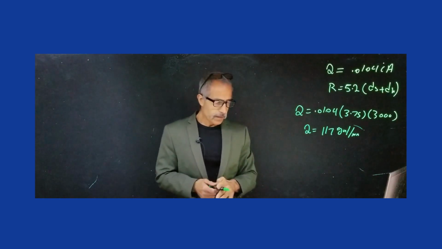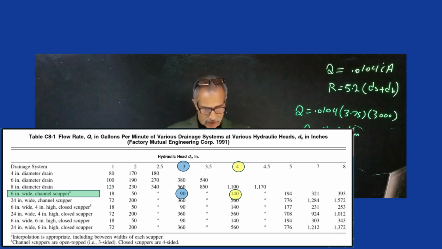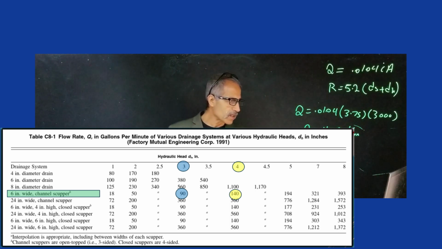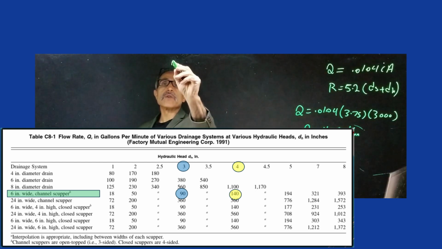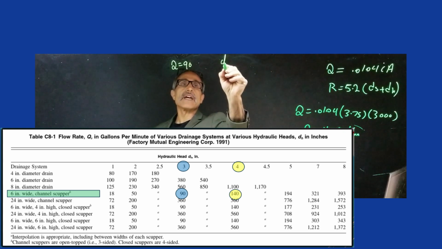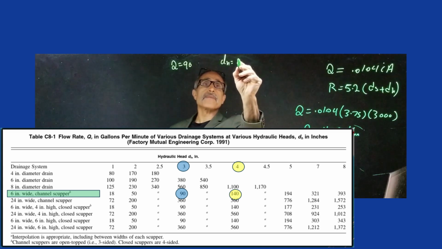Now look at the table. Let me bring that table up here. In the table, for a 6-inch wide scupper, we find Q equals 90 with DH equal to 3 inches.